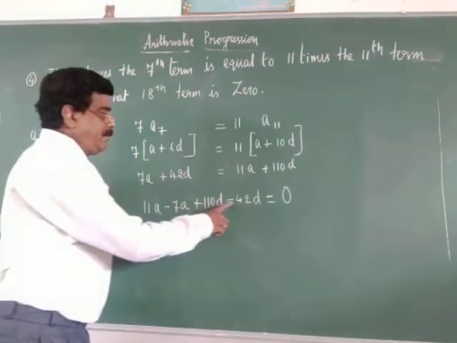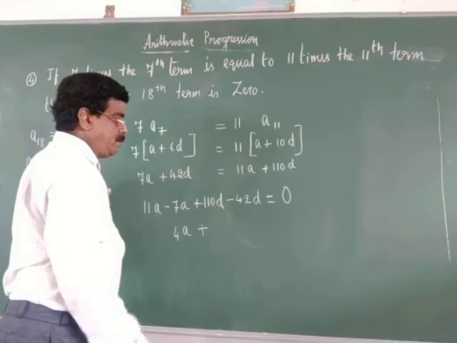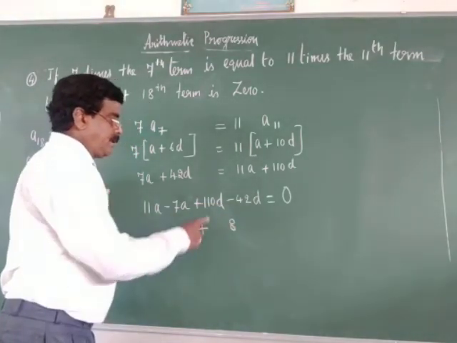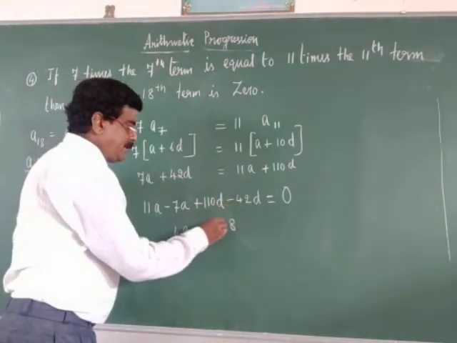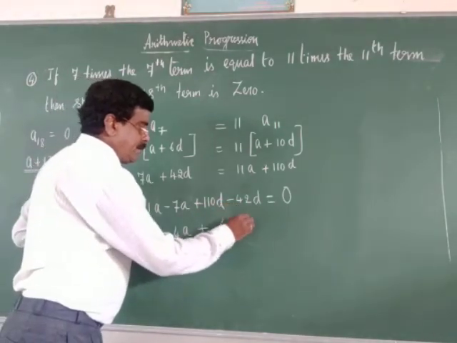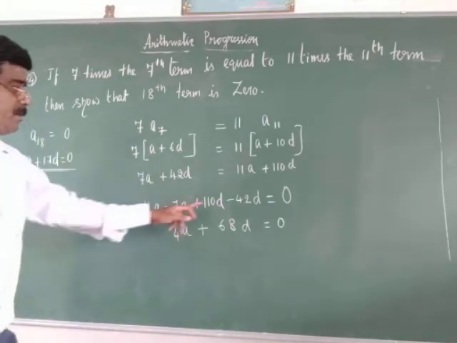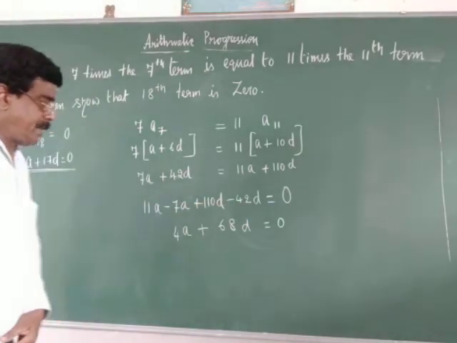So 110 minus 42, how much you will get? 10 minus 2, it is 8. Again 10 minus 4 means it is 6, so 68D is equal to 0. This is just an operation, children, you have to subtract yourself and get the answer.